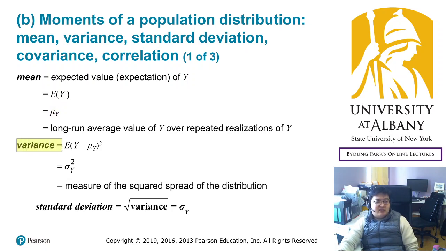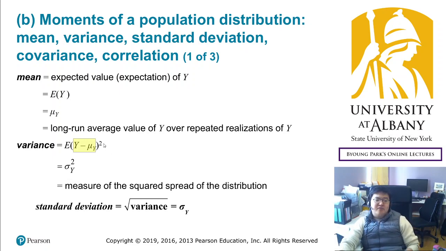And variance is defined in this way. Y, the random variable, is subtracted by its mean. So inside the parentheses is the distance from the center: how much the random variable may deviate from the center, the mean. And we take the square because the deviation could be negative, so we would like to make everything positive.